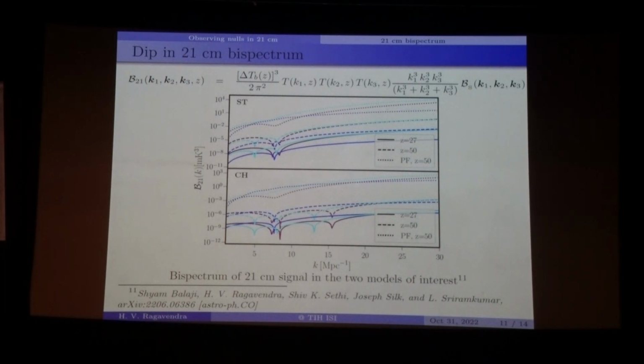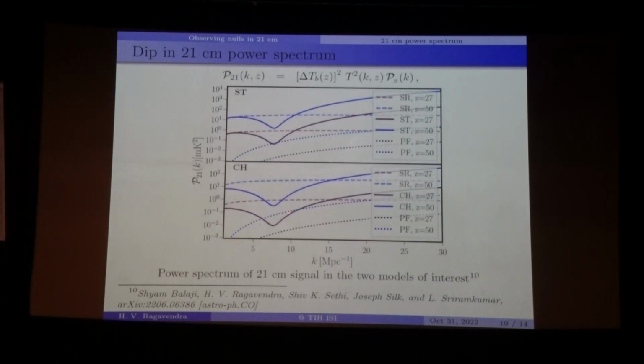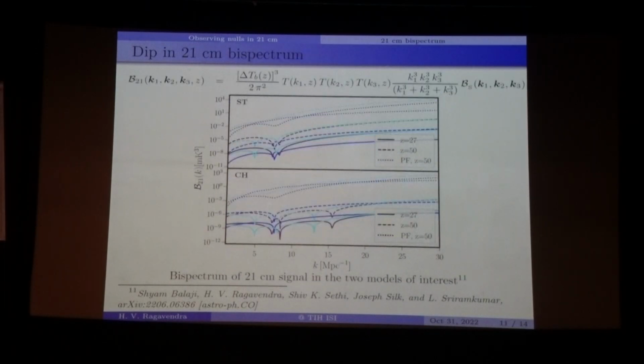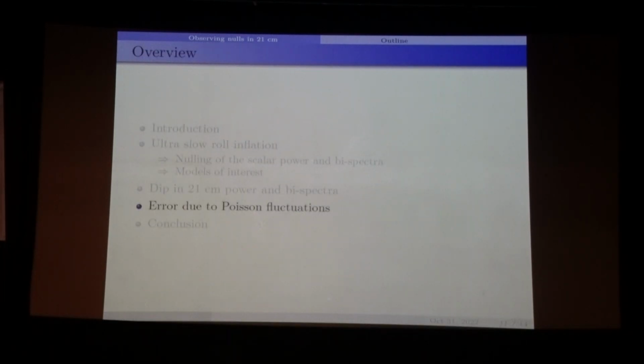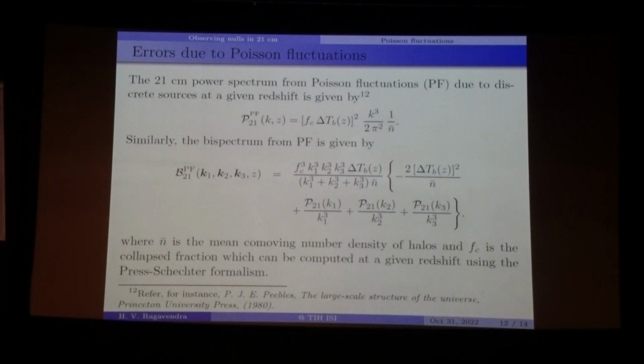But one crucial difference compared to the previous plot is that unlike the Poisson fluctuations which are subdominant to the signal, the Poisson fluctuations associated with the bispectrum are dominant compared to the signal in both these models, of course. Now, what are these Poisson fluctuations? This brings me to the last part of my talk, the error due to Poisson fluctuations. We know that since these are discrete sources that are emanating the signals, and because of enhanced power, there may be a larger probability of formation of halos.